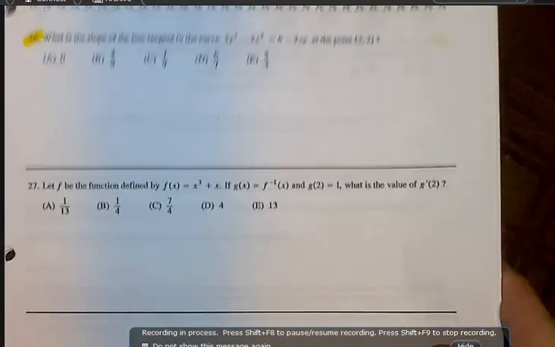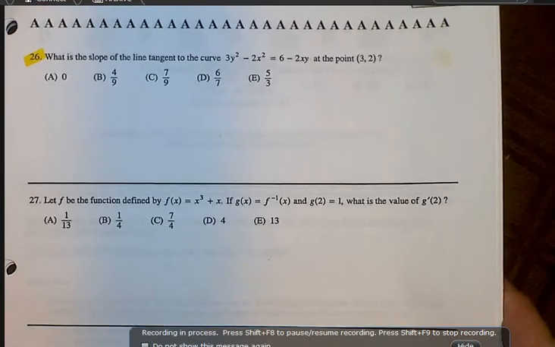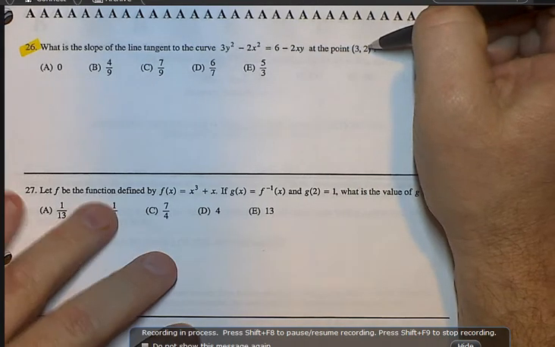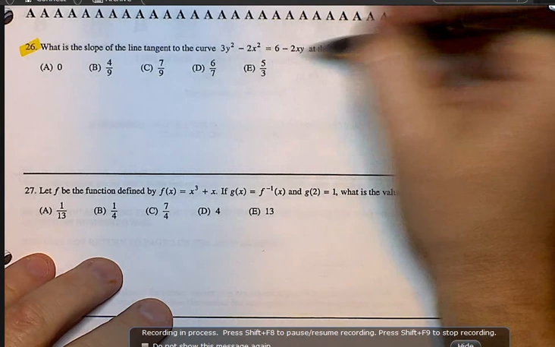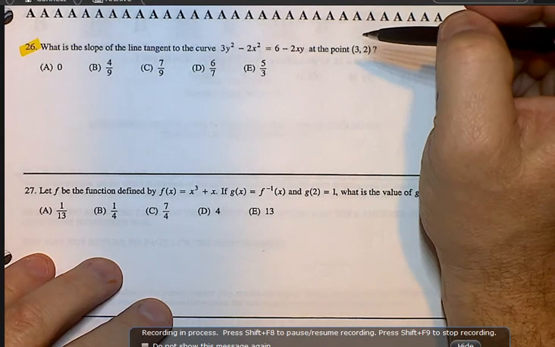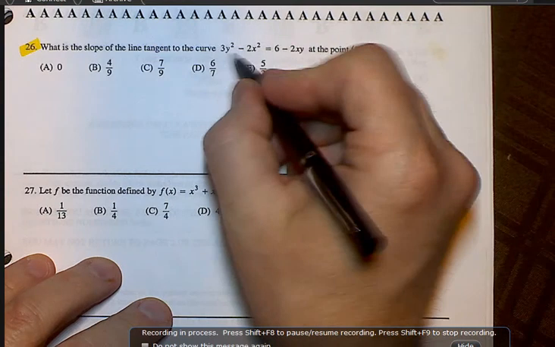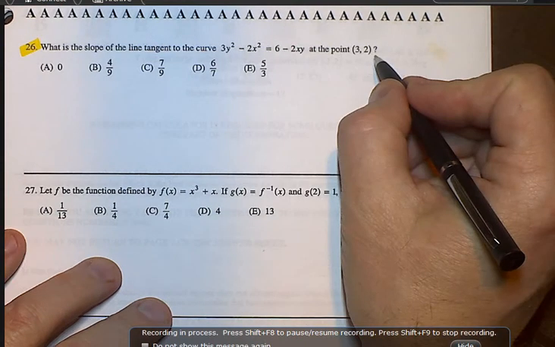And 26. Oops, sorry. 26, bring it down. What is the slope of a line tangent to the curve of this at the point (3, 2)? So again, this is implicit differentiation, so you're going to have to solve for dy/dx. I'm taking the derivative because I want to find the slope, and that's all I'm interested in.